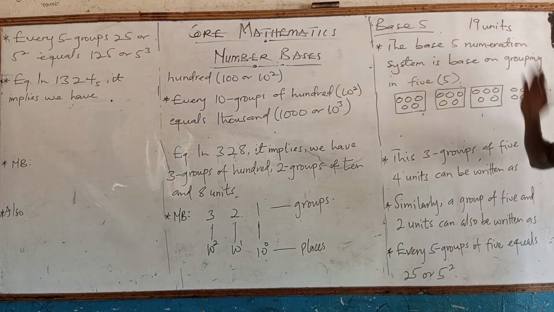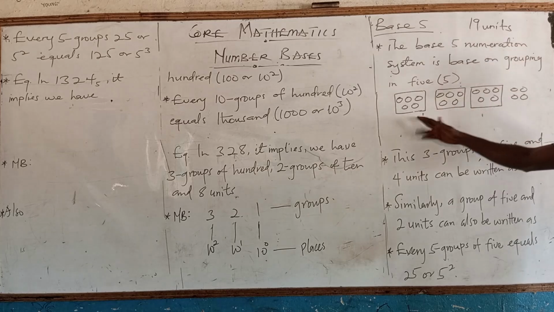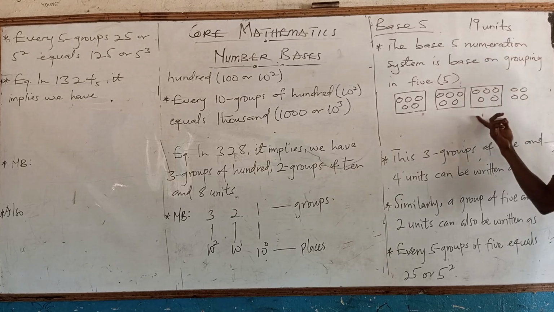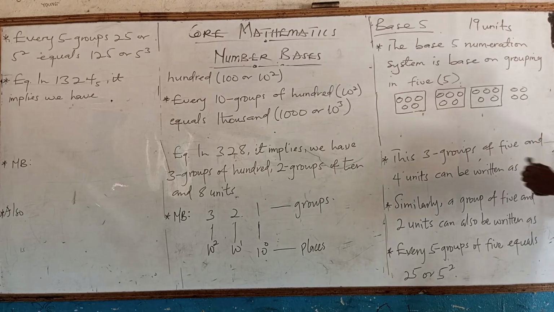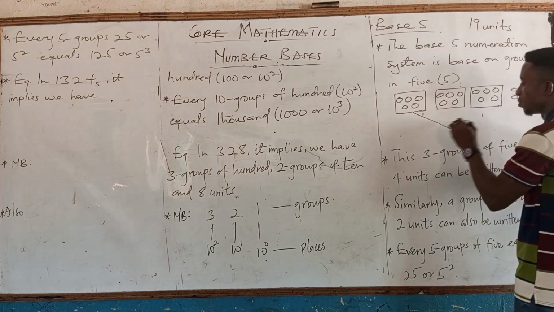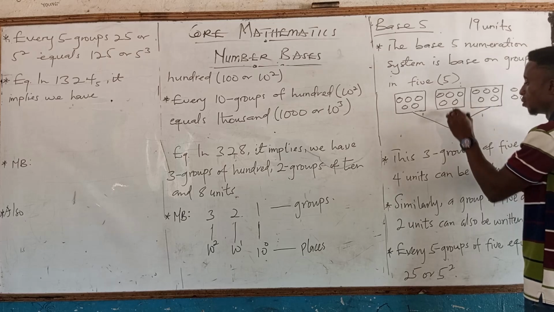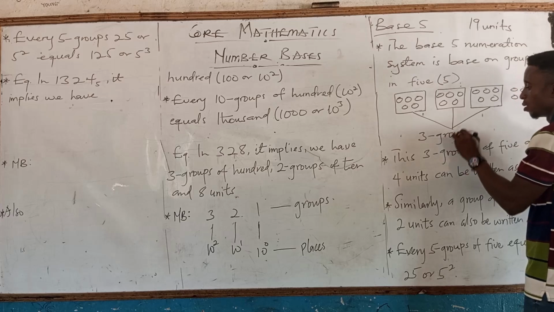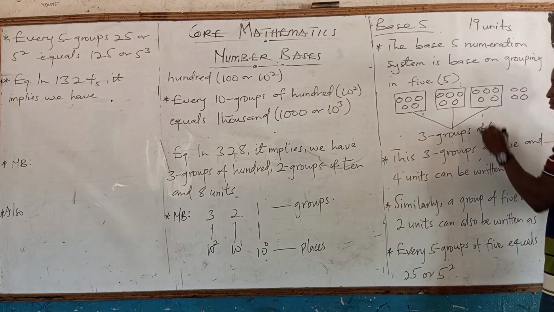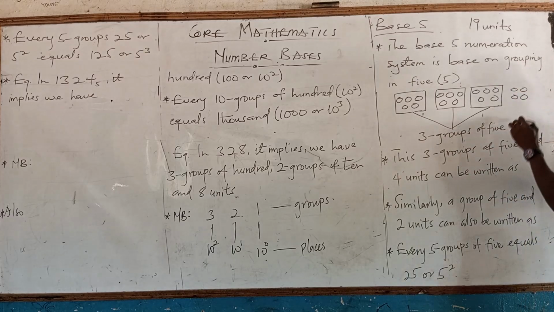That we grouped into 5. So we have 3 groups of 5 and also 4 units. Please, are we getting that? This one corresponds to 3 groups of 5, and this one corresponds to 4 units.